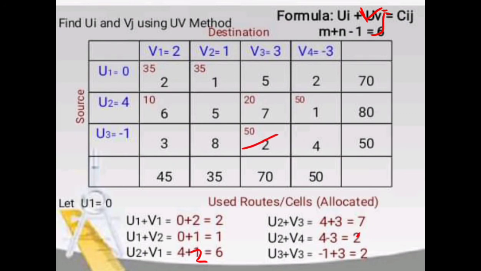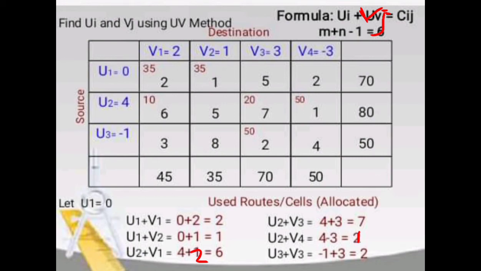And then from this allocated cell, we have a U3, because we have V3, which is 3, we add a number to make it 2. So V3 is equal to 3.